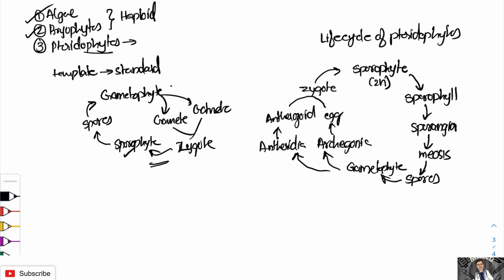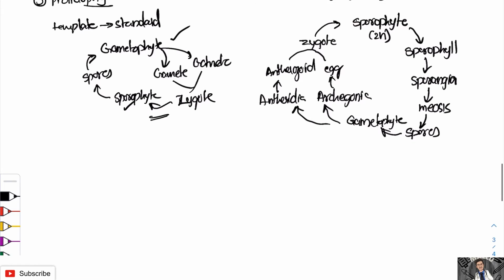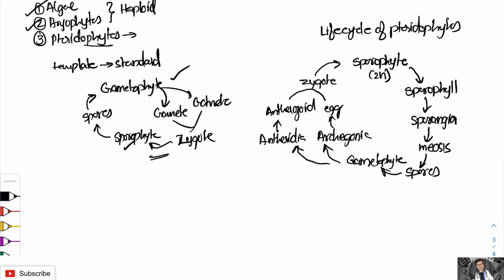You have to learn the basics first. You have to learn the basic standard life cycle, and then build the life cycle of algae, then the bryophytes, and then the pteridophytes, because all these divisions are arranged on the basis of evolution. The sporophyte of pteridophytes also has a true stem, true leaves, and true root-like structures.